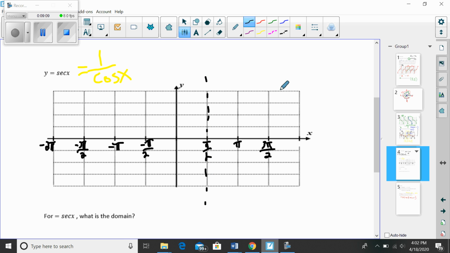So the same places where I had asymptote lines in the tangent curve, which was every odd multiple of pi/2. All right, and then I say, okay, well, where is cosine 1? Because where cosine is 1, its reciprocal is 1. Where cosine is -1, its reciprocal is -1.